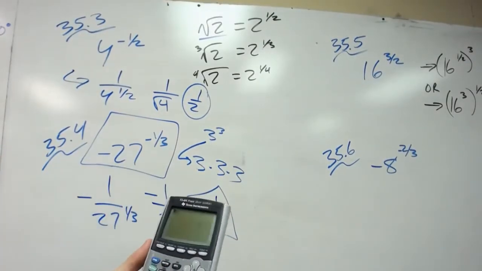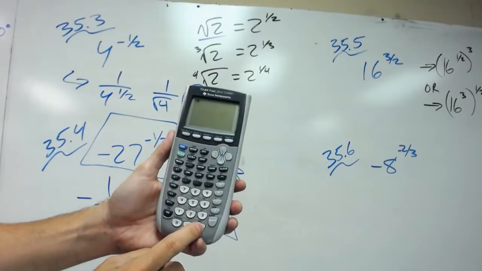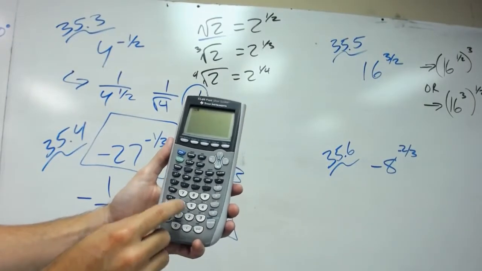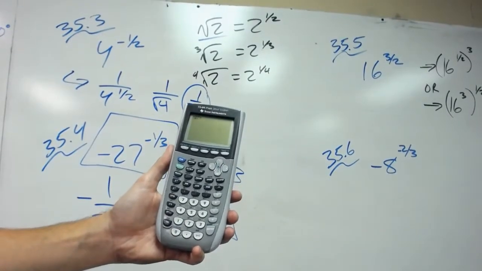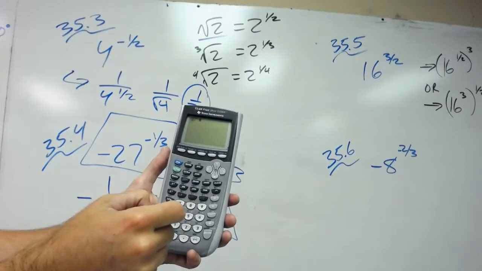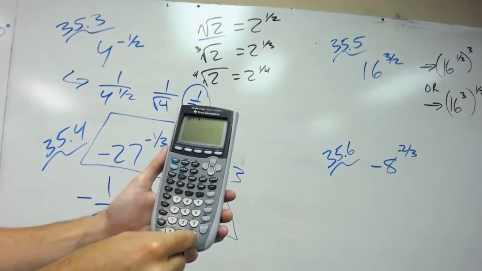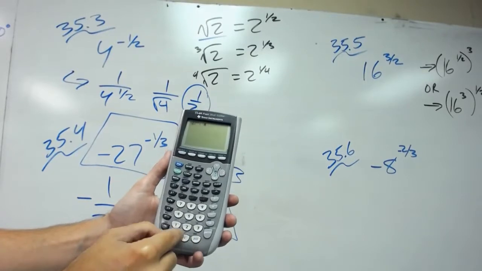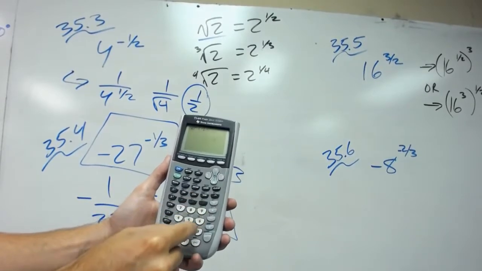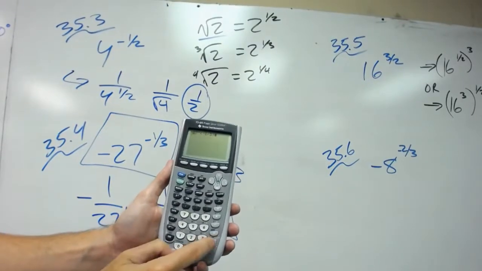So I type in negative 27. Then you have to do the little caret sign here. Caret. I'm going to go ahead and put it in parentheses. I don't know if you have to or not. Negative 1 divided by 3, close parentheses, enter.